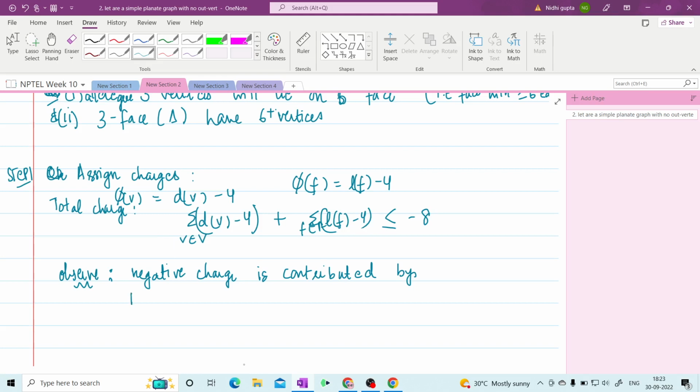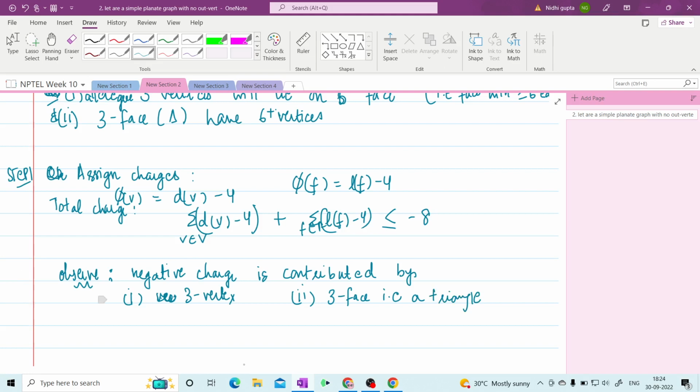So firstly, negative charge is contributed by degree 3 vertices. Secondly, l(f) minus 4 will be negative when l(f) is less than or equal to 3, and we always know the length of a face is greater than or equal to 3. So negative charge will be contributed either by a 3 vertex or a 3 face, which is a triangle.